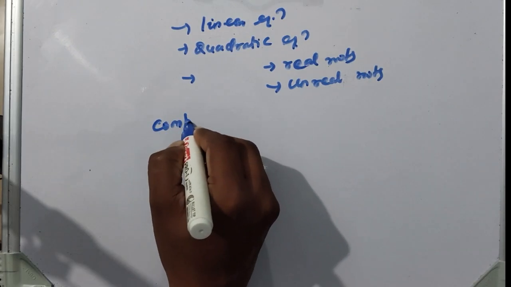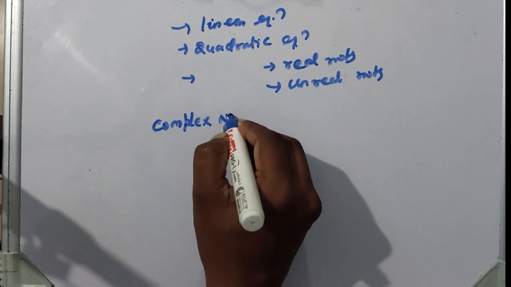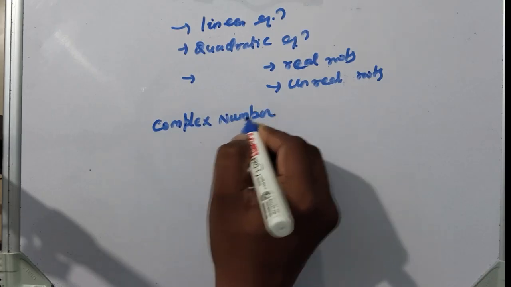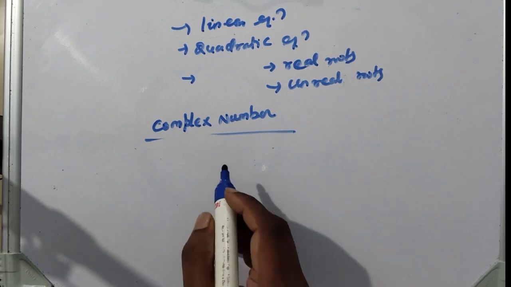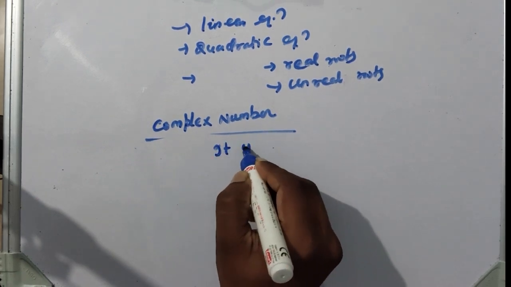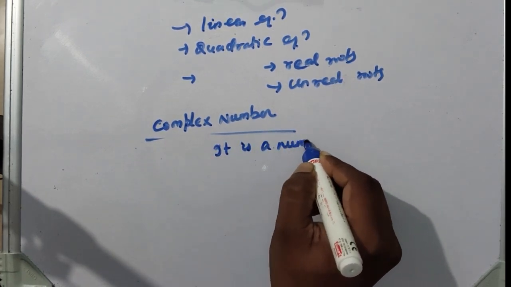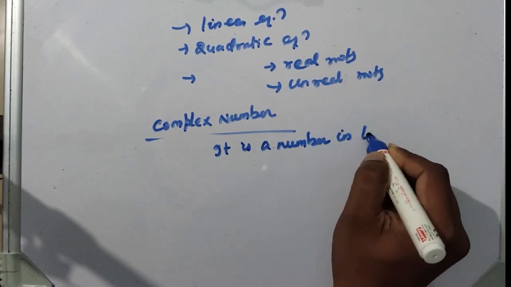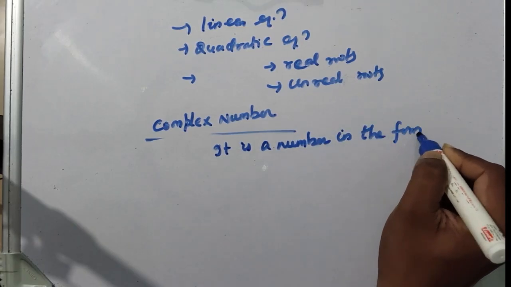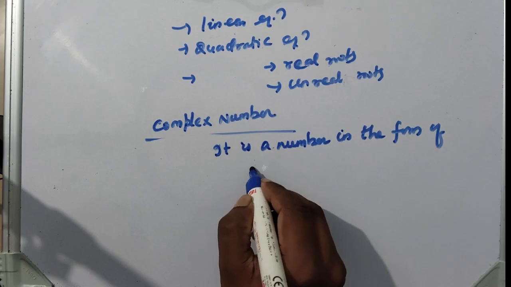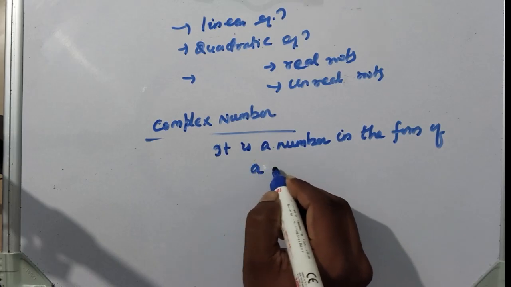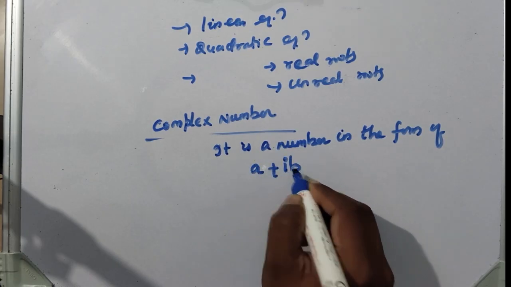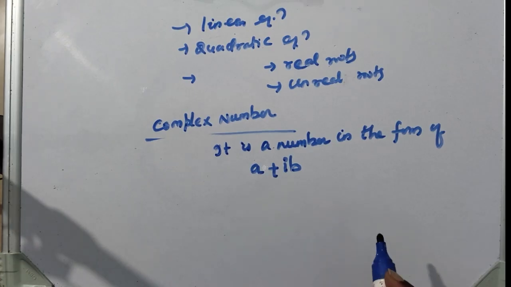What is a complex number? It is a number in the form of a plus ib.